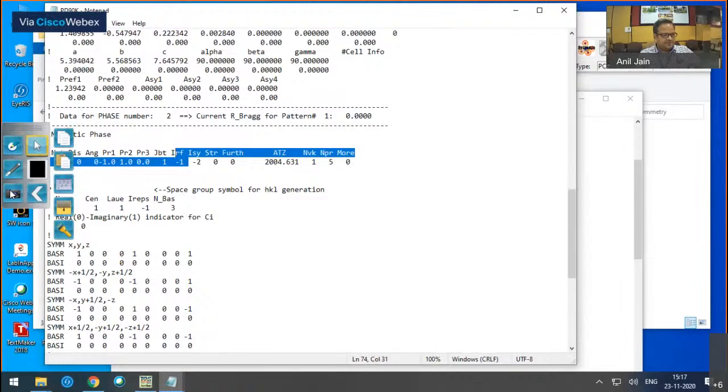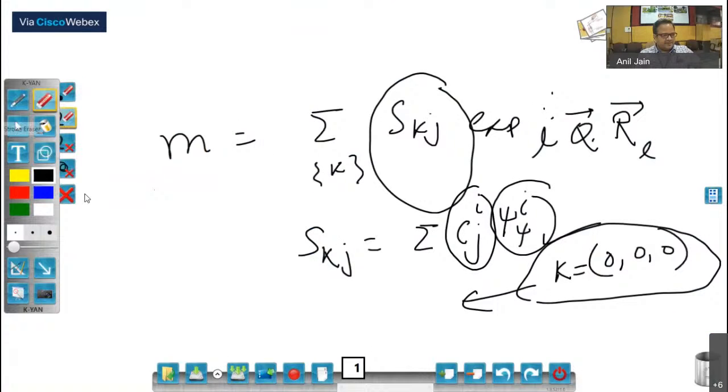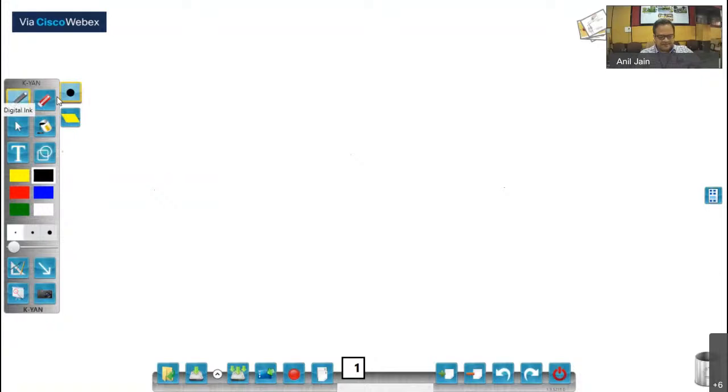Let me note it down. What is the meaning of this different symbol in the magnetic phase? So we have the magnetic phase.